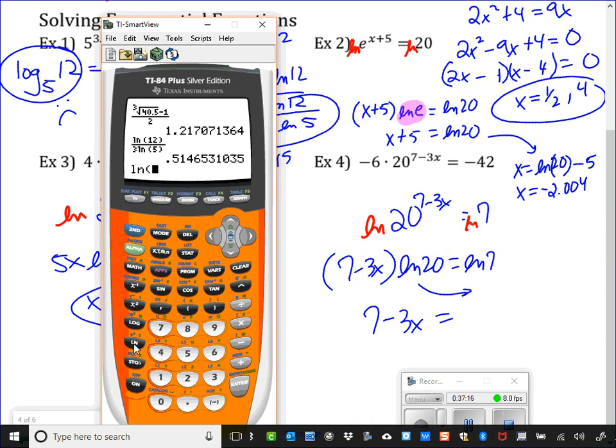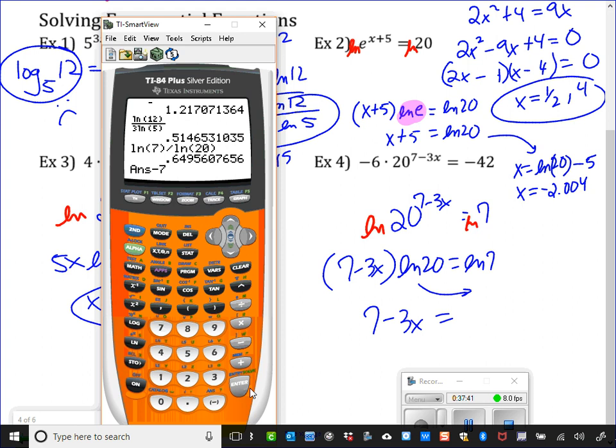Yeah, so ln 7 divided by ln 20. All right, so then, why don't we keep this in our calculator and we'll just get the answer. I mean, I'll write that down in a second. When you have this number over on the right, what 2 steps are you going to do to it to solve? You're going to subtract 7, right? So why don't we just keep it and subtract 7.